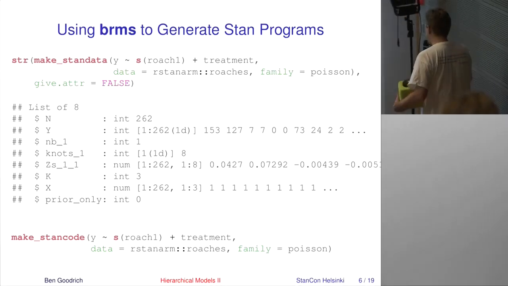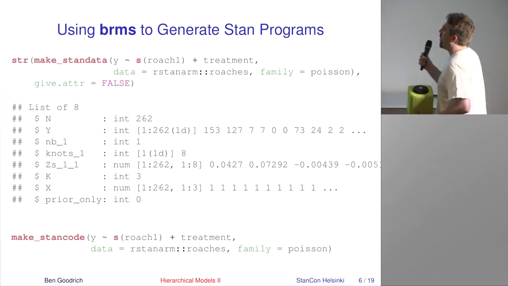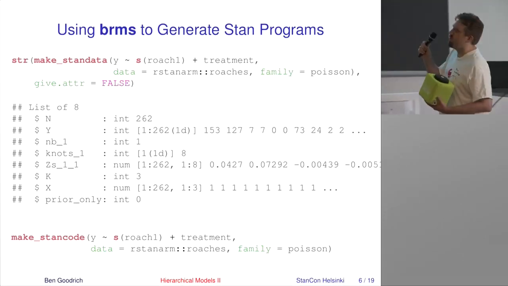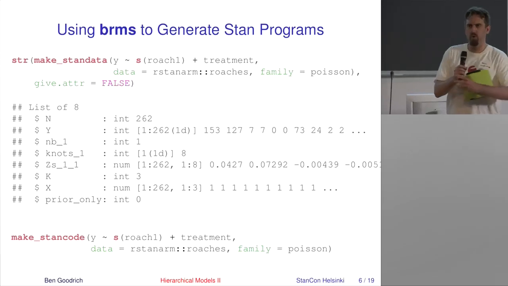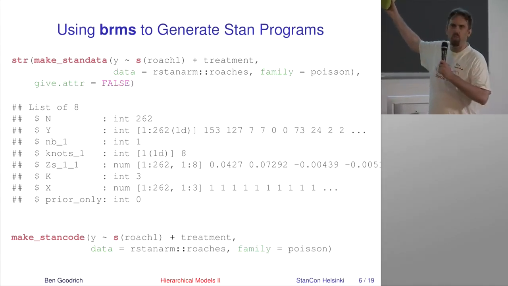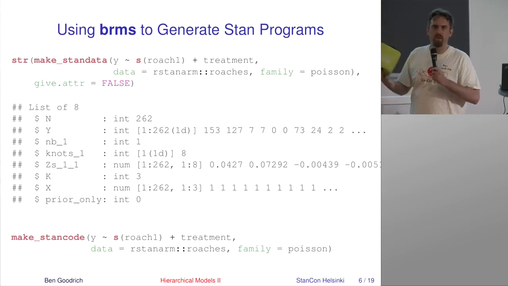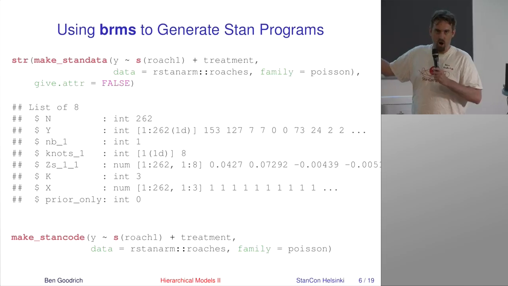Yes. The centering takes place after the transformations. So if for some reason we wanted to use the log of Roach 1, then we would say s(log(roach1)). It would first take the transformation, which actually happens in R. Then it would expand the thing out into basis functions.